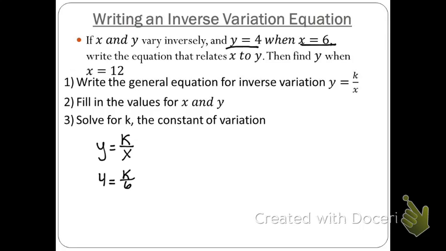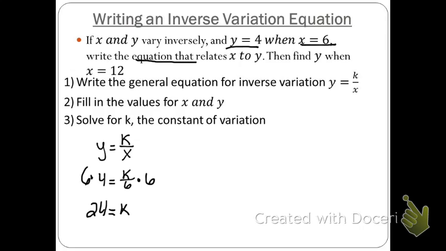Okay, so we only have one variable left, and that's the one we're solving for. So let's solve for it. Multiply both sides by 6, and we'll know what k is equal to. So we get 24 equals k. Now that's not an equation, and that's really what we were asked for. We were asked for an equation.